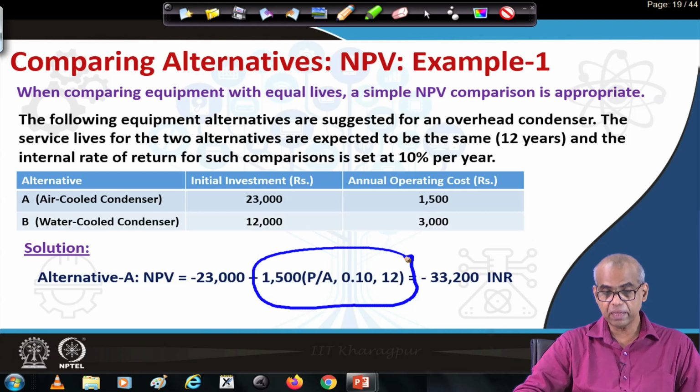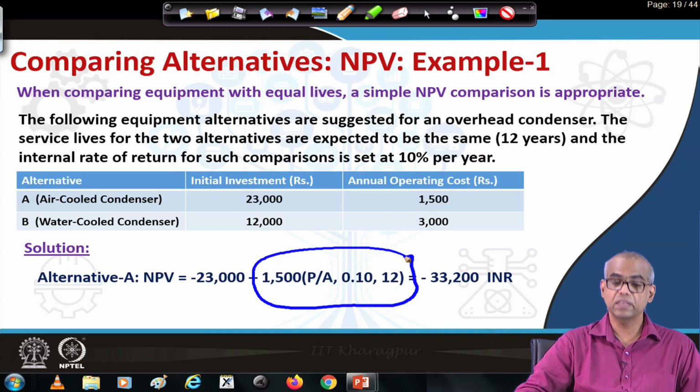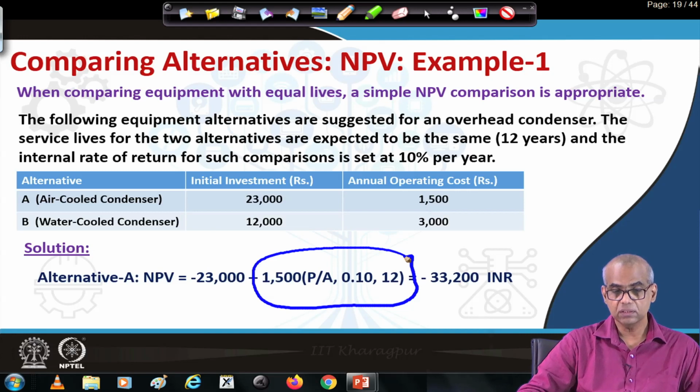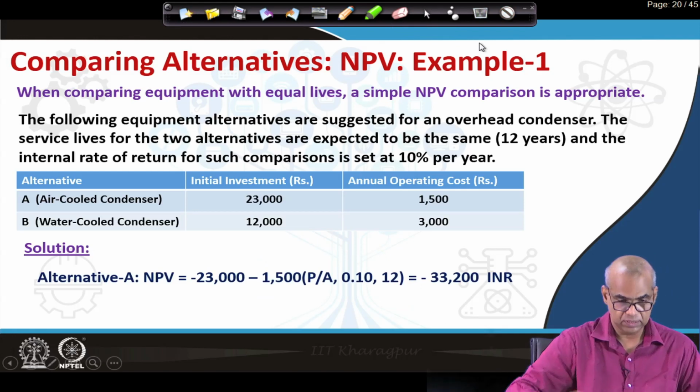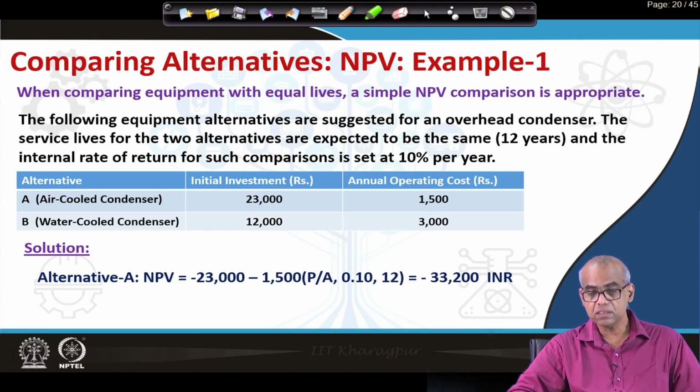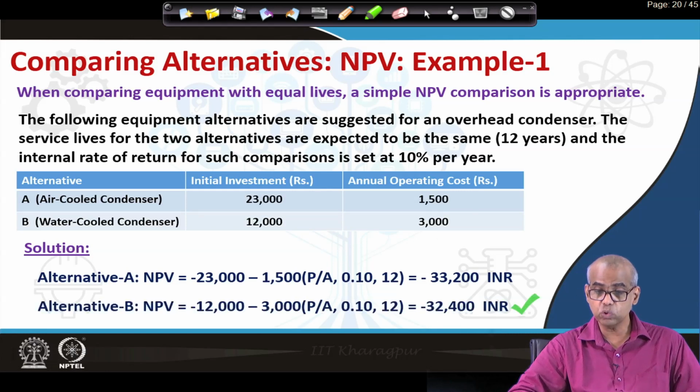So, find the P by A factor for the 12-year service life at interest rate 10%. Multiply that with the operating cost 1500. And then this should be added to the initial investment 23,000. So, this way you compute NPV for alternative A as 33,200, and for alternative B it is 32,400. So, alternative B is economical and should be recommended.